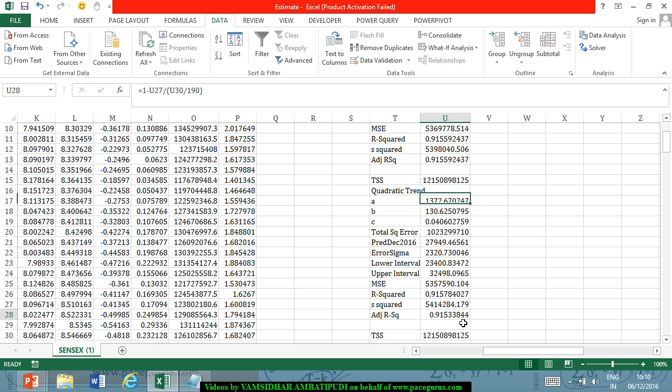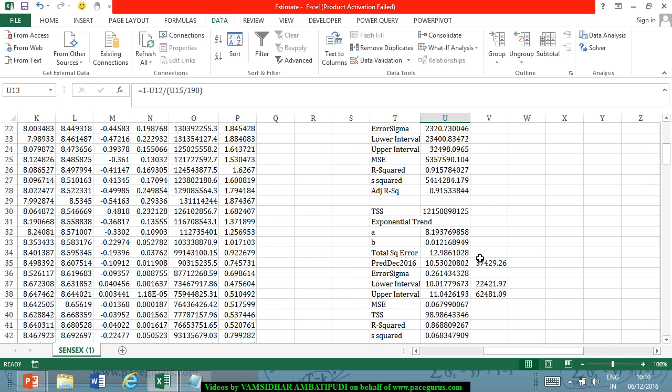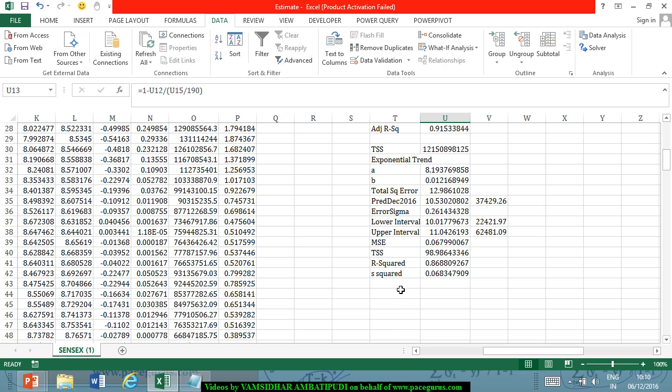So you could see that the adjusted R squared has actually gone down, which means even if I go with adjusted R squared for comparing the models, the adjusted R squared for the linear model is higher compared to that of the quadratic trend model.